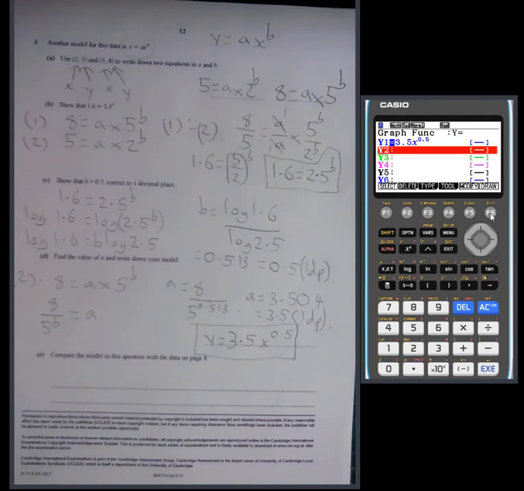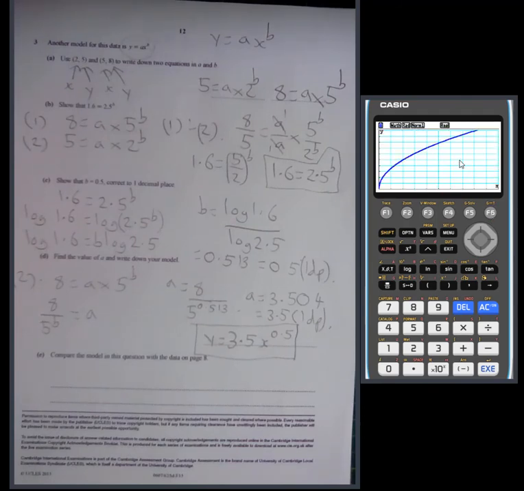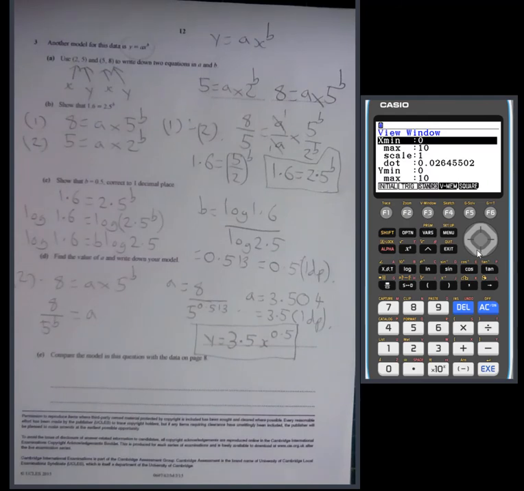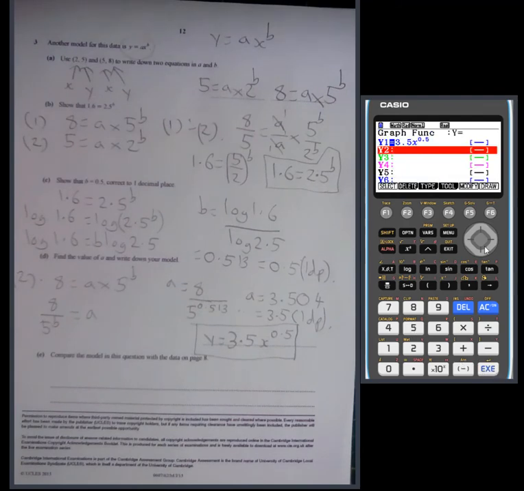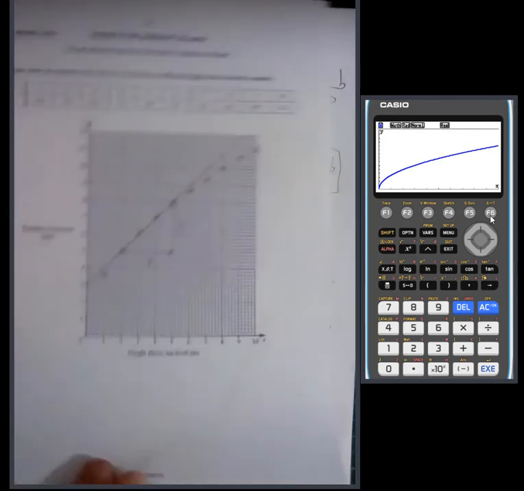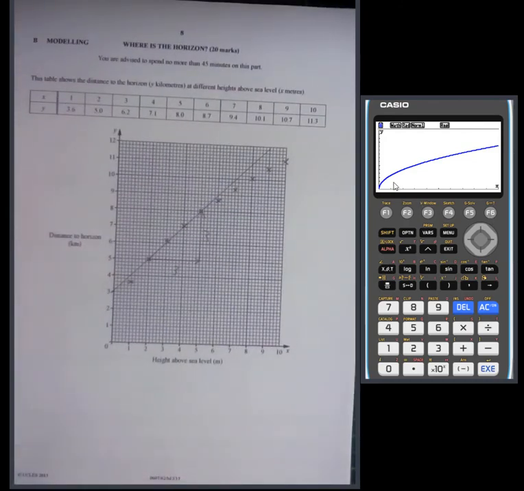Okay, we can keep the domain the same, which is fine. It looks like I've lost a bit off the top, so I might make my view window go up a bit more for y max. Let's go a bit higher, maybe up to 15. And now you can really see this curve, it doesn't look bad at all actually.